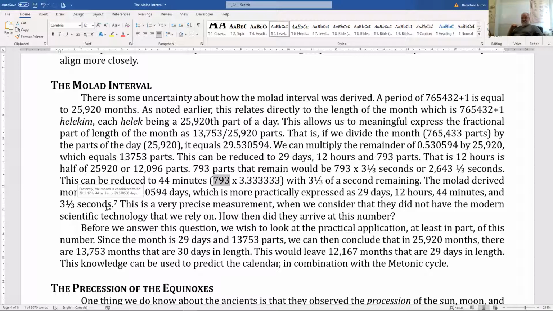But the month is 29 and 13,075 parts over 25,920 parts, and the difference is 973 parts. That's how much longer it is than 12 hours. So the month is 29 days, 12 hours, and 44 minutes and 3 1/3 seconds, because those 793 parts can be converted into hours, minutes, and seconds.